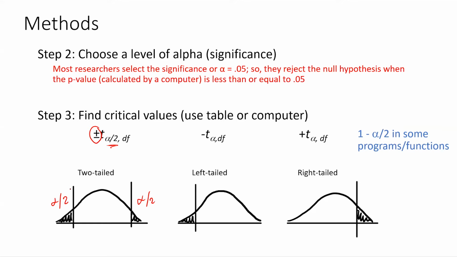When we have a left-tailed test, our critical value should be negative, and all of alpha is over in the left side. For our right-tailed test, our t-crit should be positive, and again, alpha isn't split, it's entirely in one side.